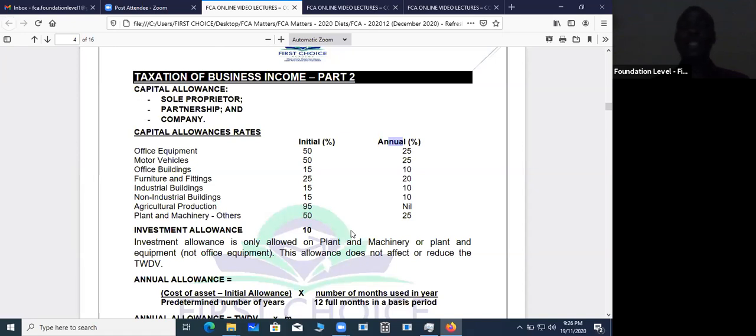Investment allowance is the type of capital allowance that is only allowed on plant and machinery. It's only allowed on plant and machinery. That means if you have plant and machinery, you stand to get 10% investment allowance for free. That is, the government is allowing you to claim a free 10% allowance for investing in plants.